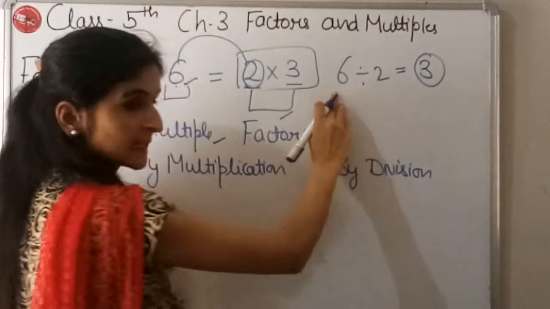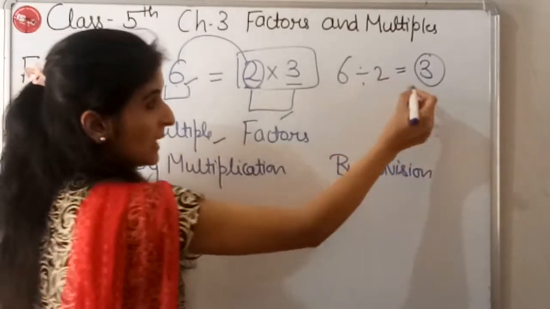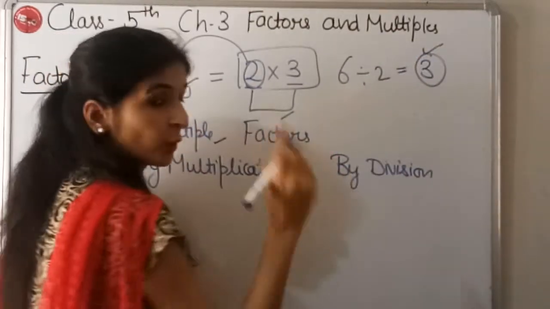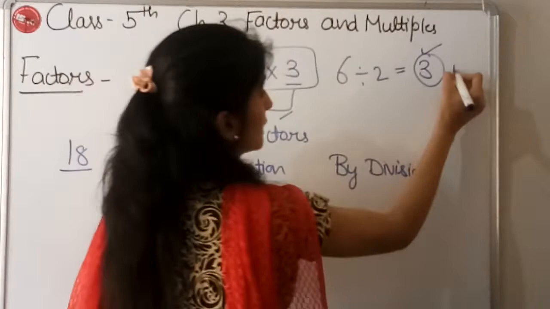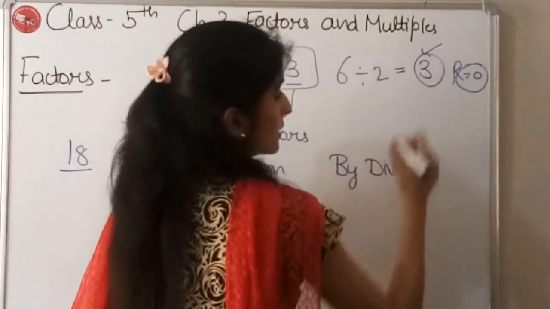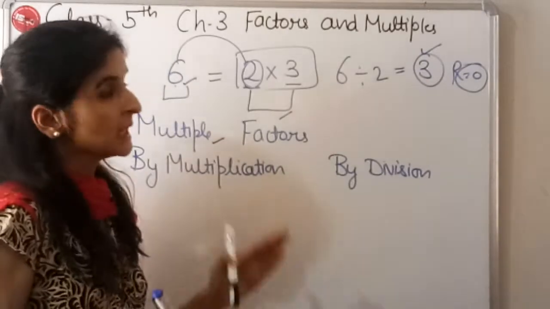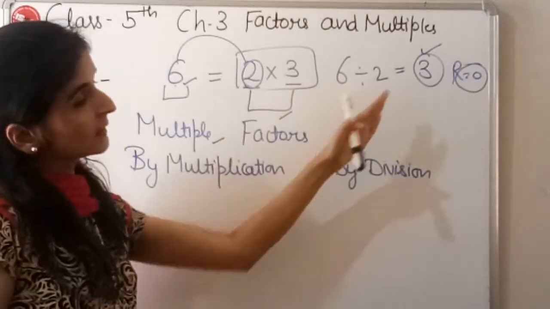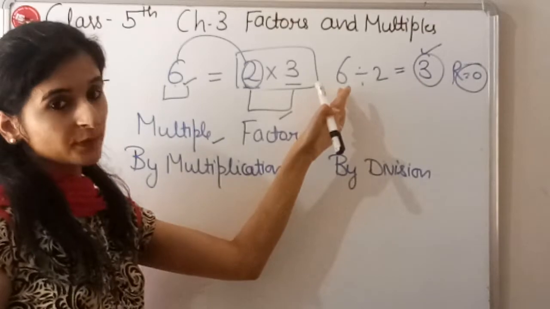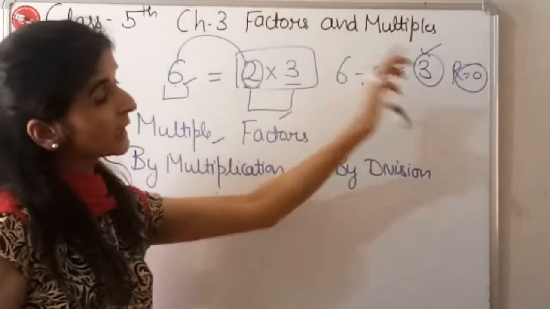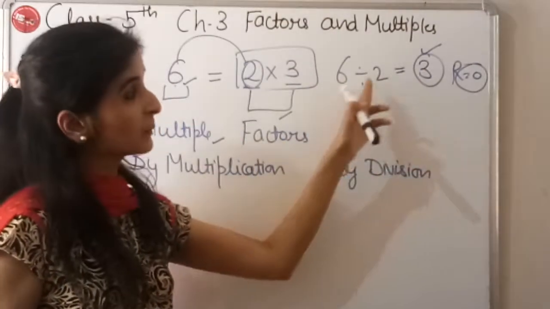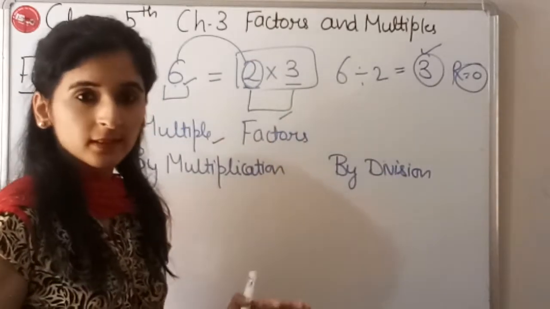When I divide this 6 by 2, the answer will be 3. It means the quotient will be 3 and the remainder will be 0 here. So there is not any remainder. If there is not any remainder left, then that means this 2 is a factor of this number 6. If there is any remainder left, then it means it is not a factor of 6.